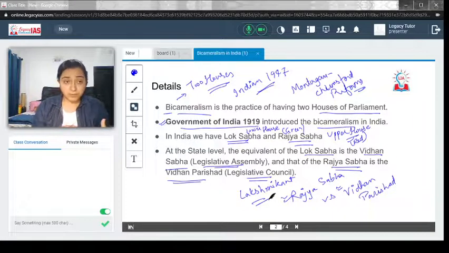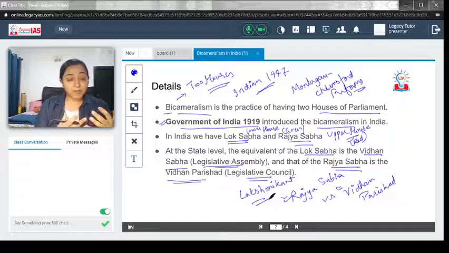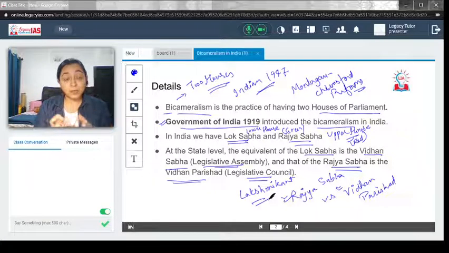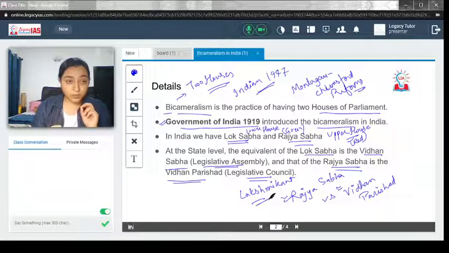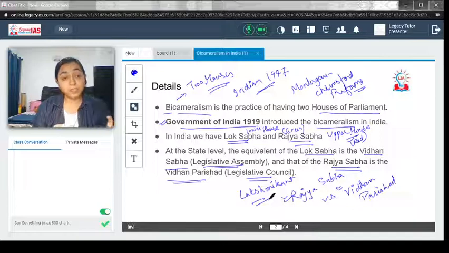Though the features differ, and the power of the Rajya Sabha versus the Vidhan Parishad is different, even the constitutionality of these is different. For example, there is a provision that a state, by passing a resolution, could ask the center to abolish the Vidhan Parishad. No such article or provision is mentioned in the Constitution of India with regard to Rajya Sabha.